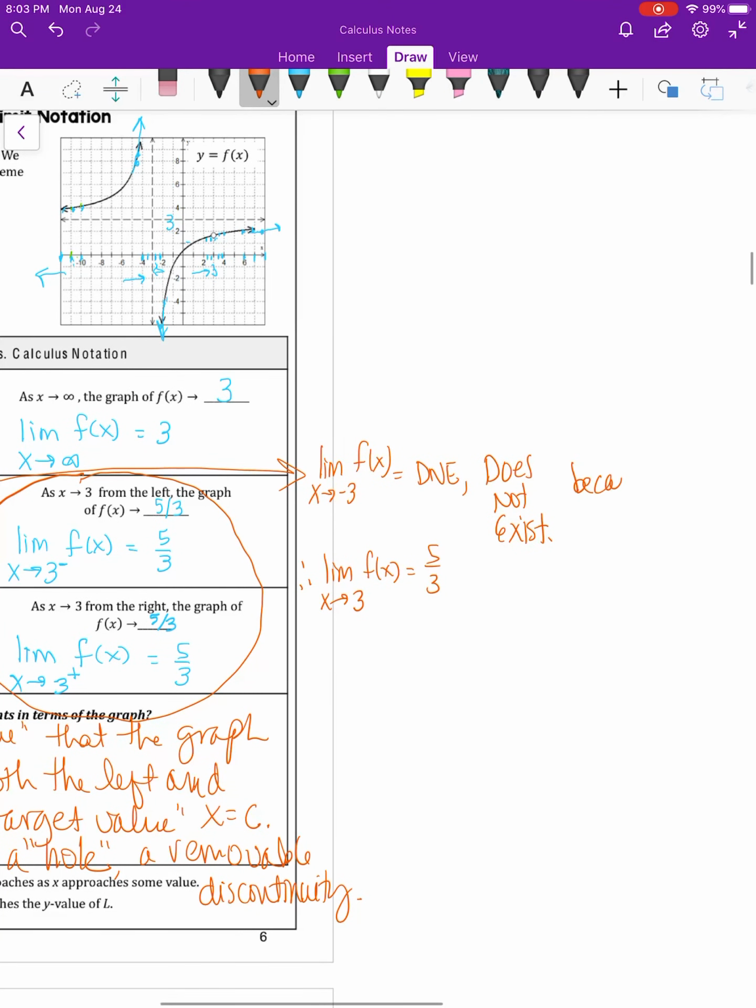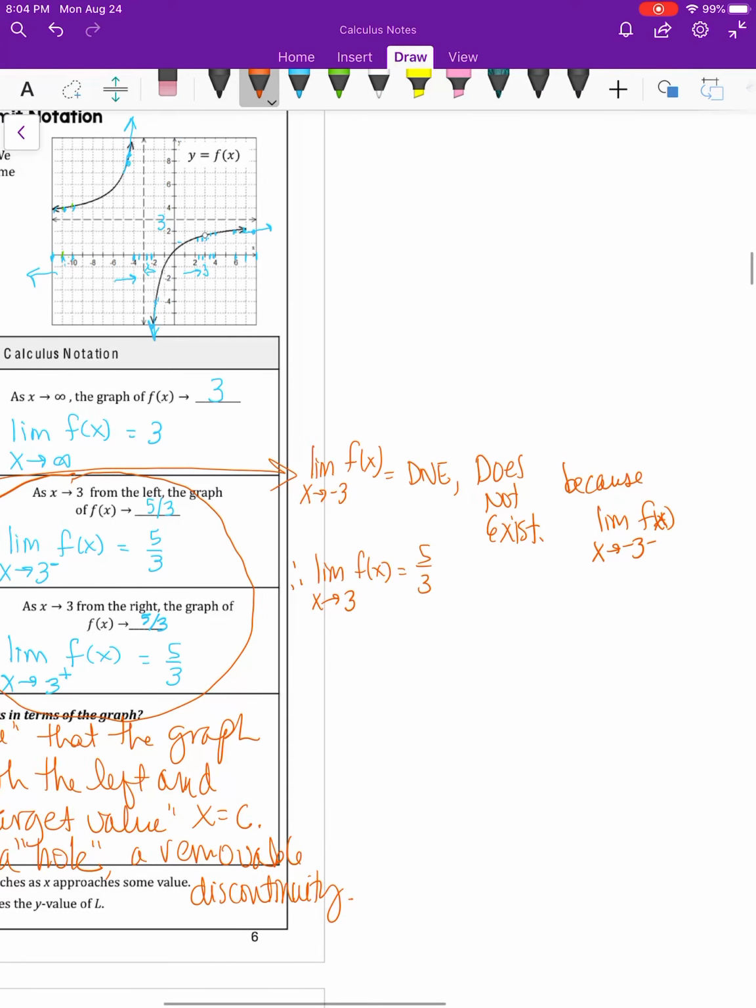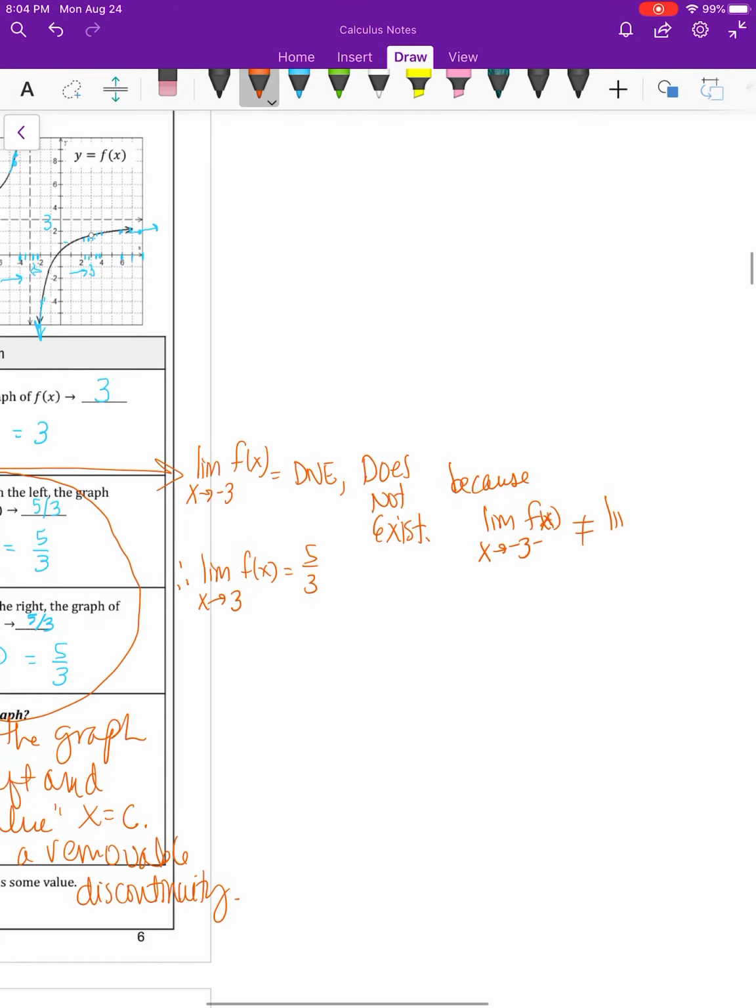We always say why. So, because the limit as x approaches negative 3 from the left of f of x does not equal the limit as x approaches negative 3 from the right of f of x. It's really easy to forget to put your function in a limit.